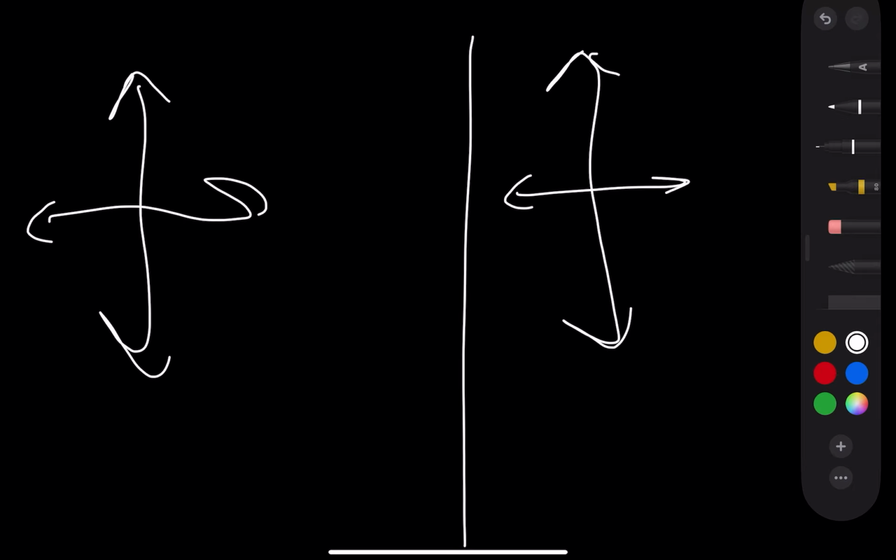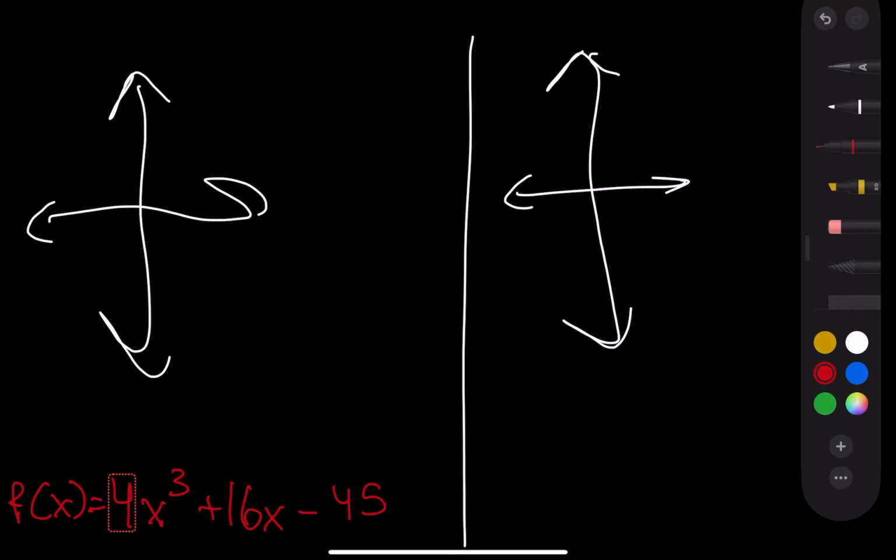Okay, so let's see graph 1. It's going to be f of x is equal to, let's say, 4x cubed plus 16x minus 45.